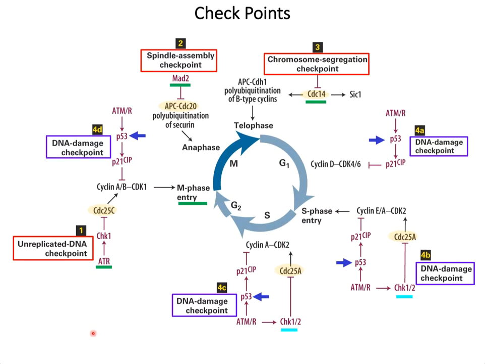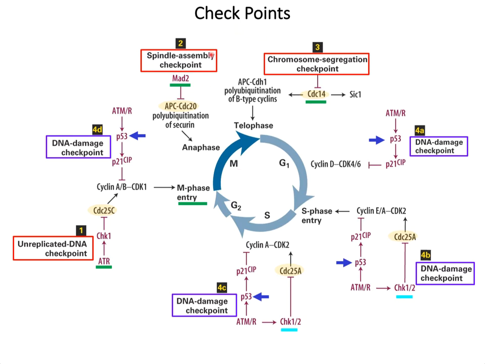As I mentioned at the beginning of the segment, there are a number of checkpoints, and the cell can actually halt the cell cycle at these checkpoints if necessary. There are 4 checkpoints. There is an unreplicated DNA checkpoint, shown as number 1, which happens at the end of G2 right before the cell enters the M phase.